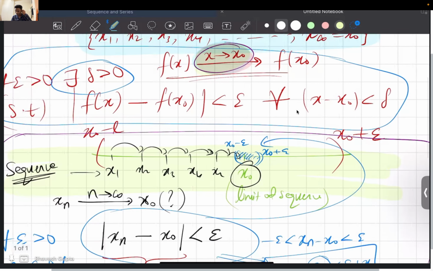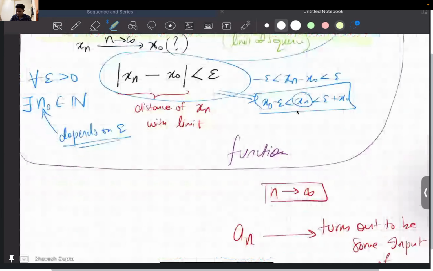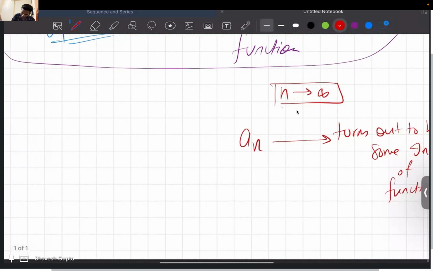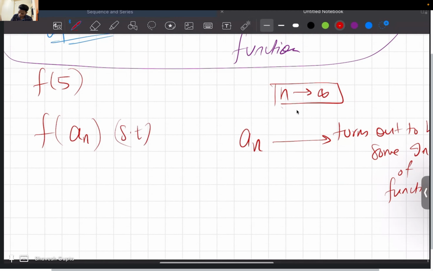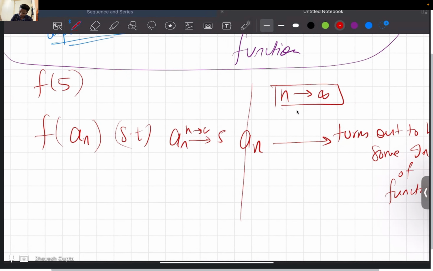So instead of writing f of 5, I would consider writing it this way, such that my a_n tends to 5 when n tends to infinity, right?